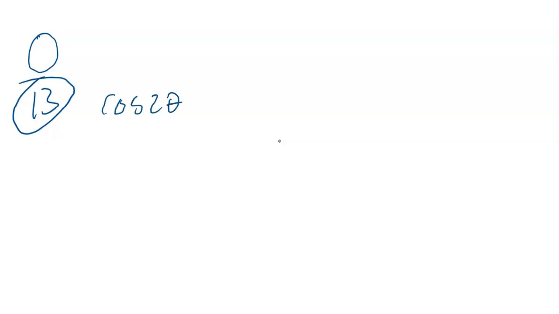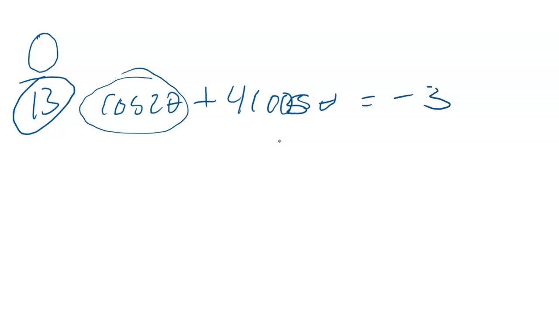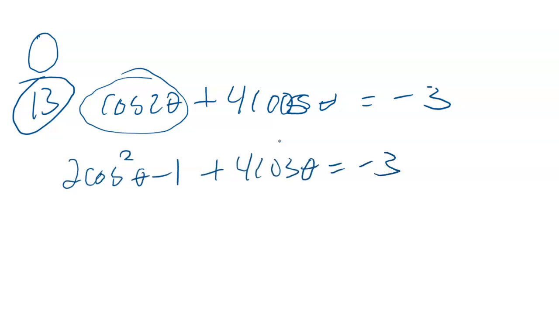Cosine 2 theta plus 4 cosine theta is equal to -3. This will turn into, we're going to do the cosine one. So this is 2 cosine squared theta minus 1 plus 4 cosine theta is equal to -3.